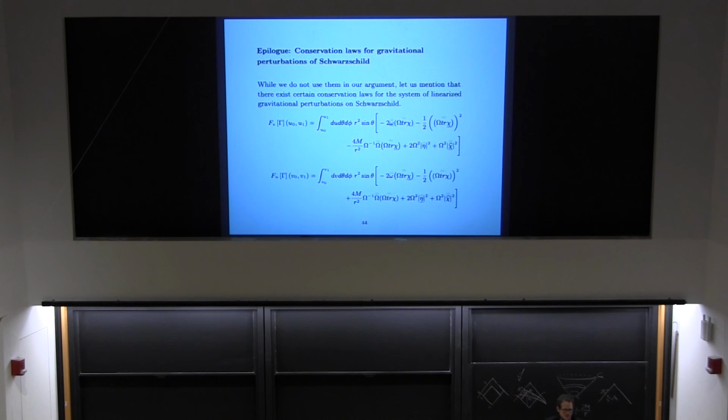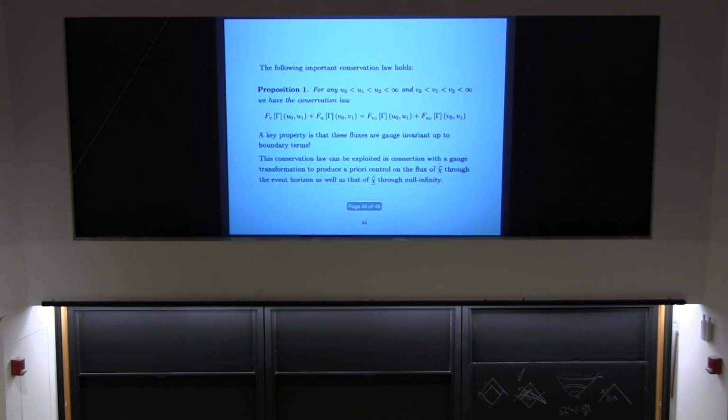Okay, so these fluxes don't look very nice. In particular, they don't look coercive, right? You have some quantities which look manifestly positive, but then you have some which look manifestly negative, and some which don't have a sign. What you have is that these fluxes are related by a conservation law.